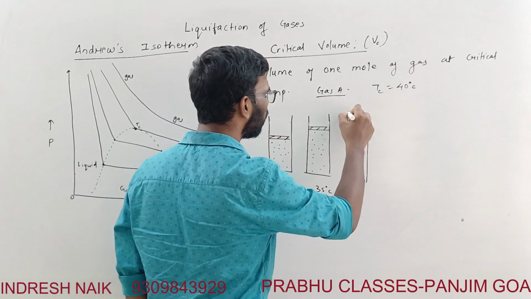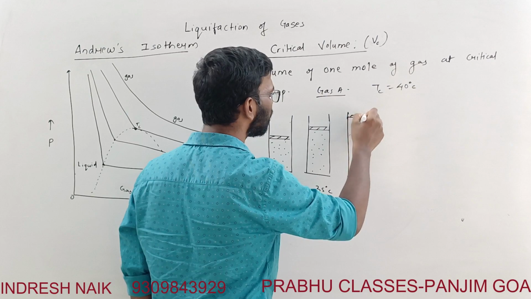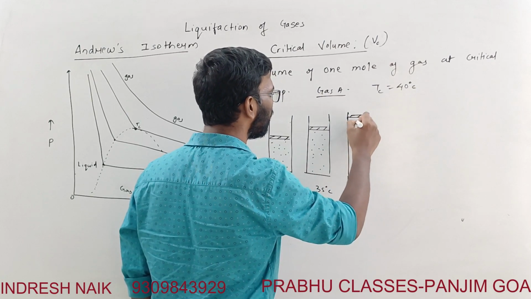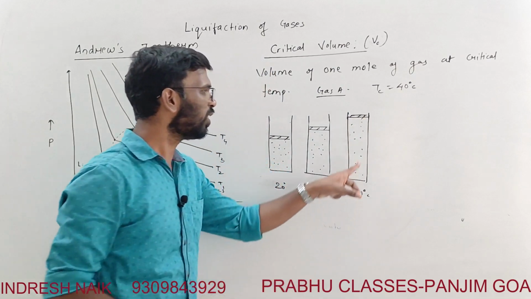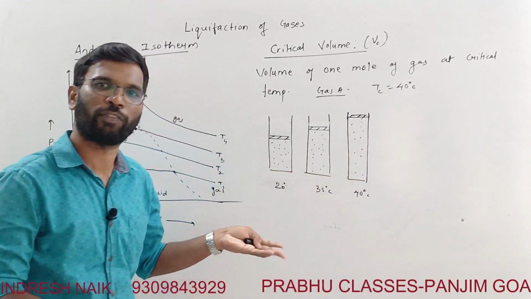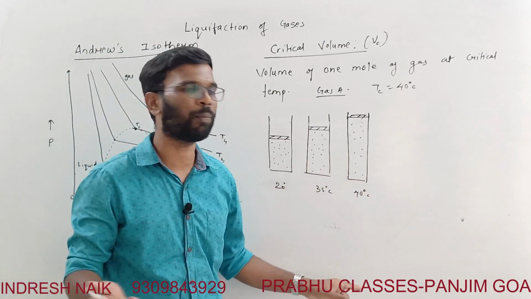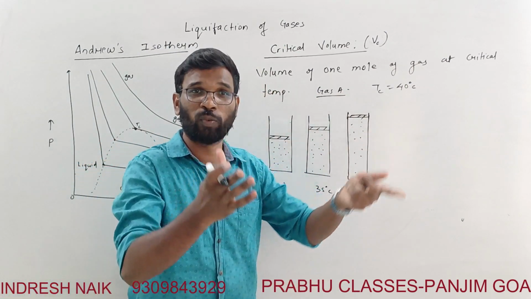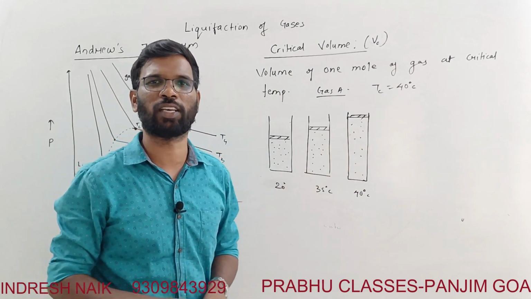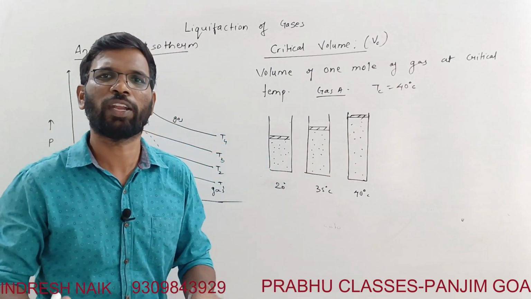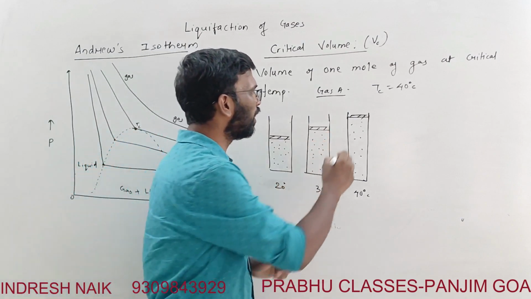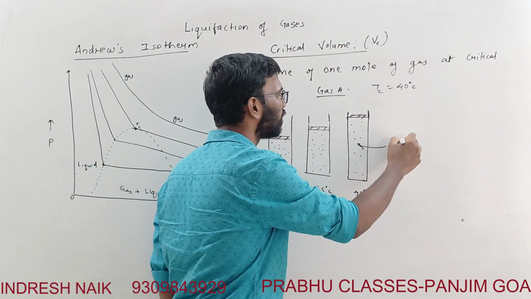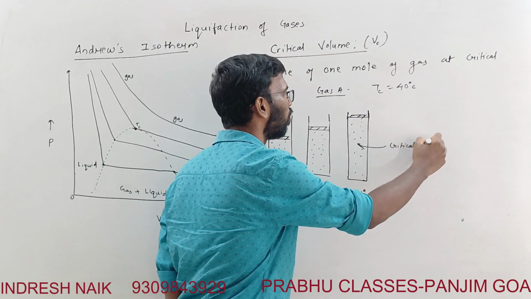This is the volume occupied by that gas at 40 degrees Celsius. These volumes are different at different temperatures, but the volume occupied by the gas at its critical temperature is special. Different gases have different critical temperatures. So this volume is called the critical volume.